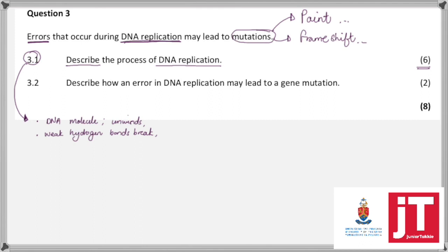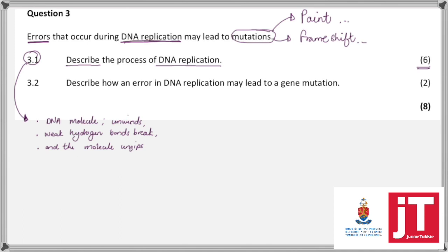So the sequence of events is so important here. We can't have the unwinding before the unzipping, so it's a process and it has a sequence. The DNA molecule unwinds, weak hydrogen bonds break, and the molecule unzips itself.